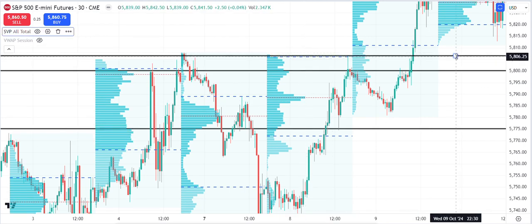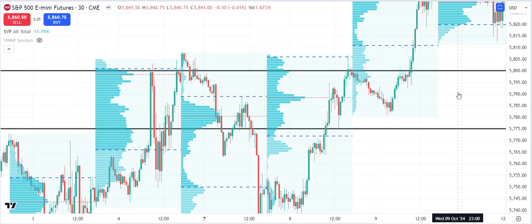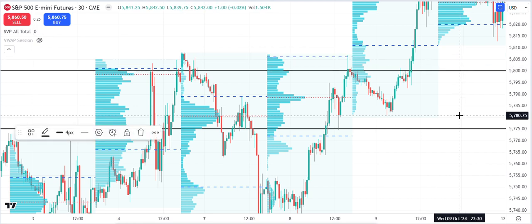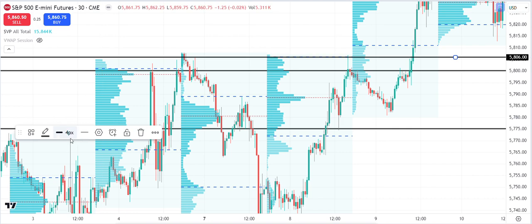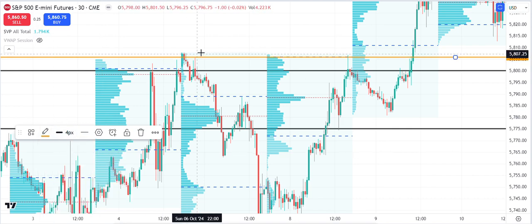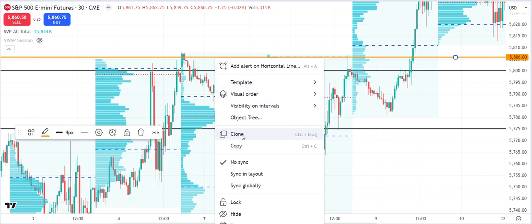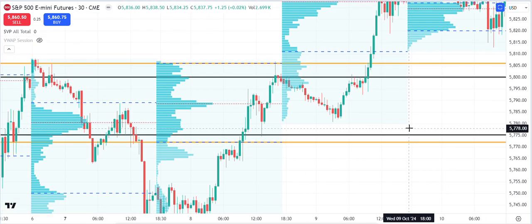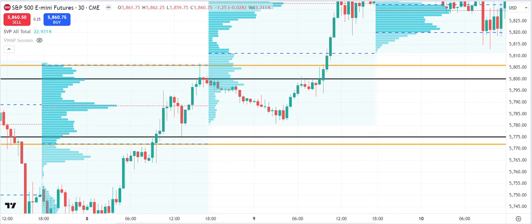But the ones you want to use are the regular trading hours, especially for ES and NQ. So you want to use this on the 8th.